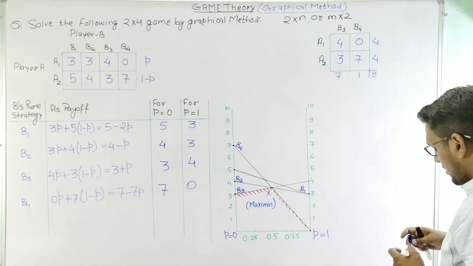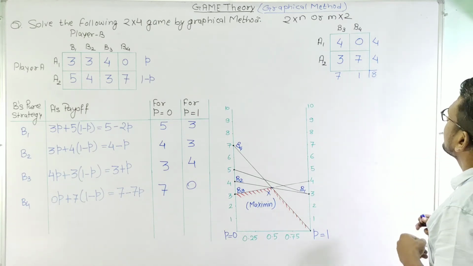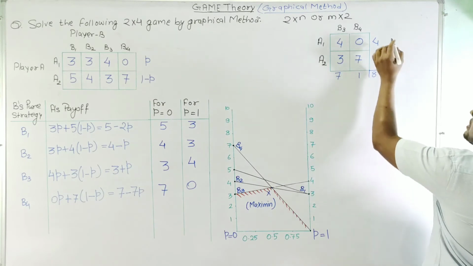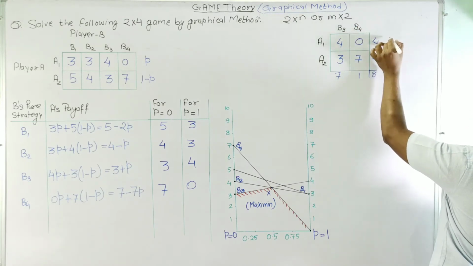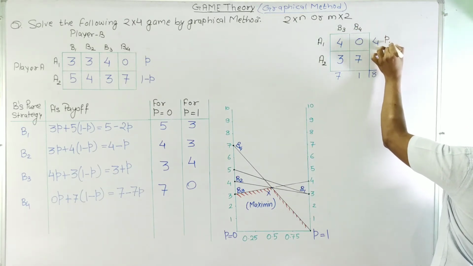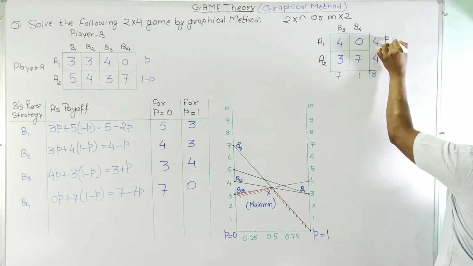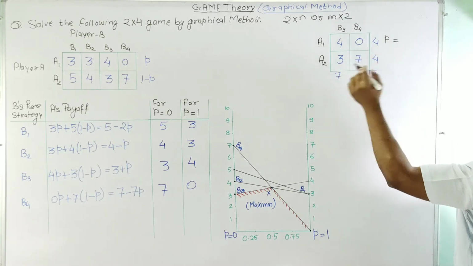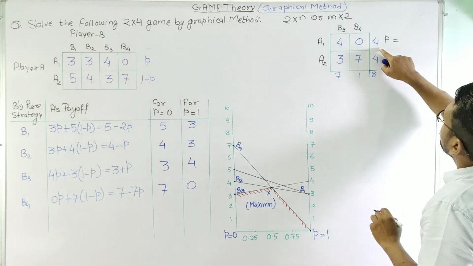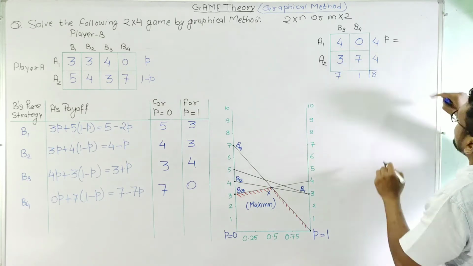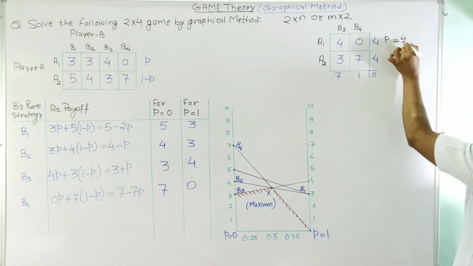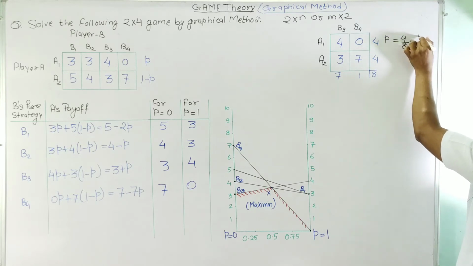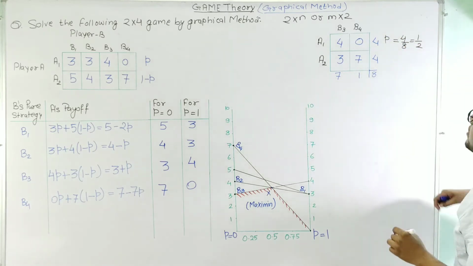Now from here we can say that the probability of player A playing strategy A1, let this be P, is equal to 4 divided by 4 plus 4. So this is 4 divided by 8, or 1 by 2.